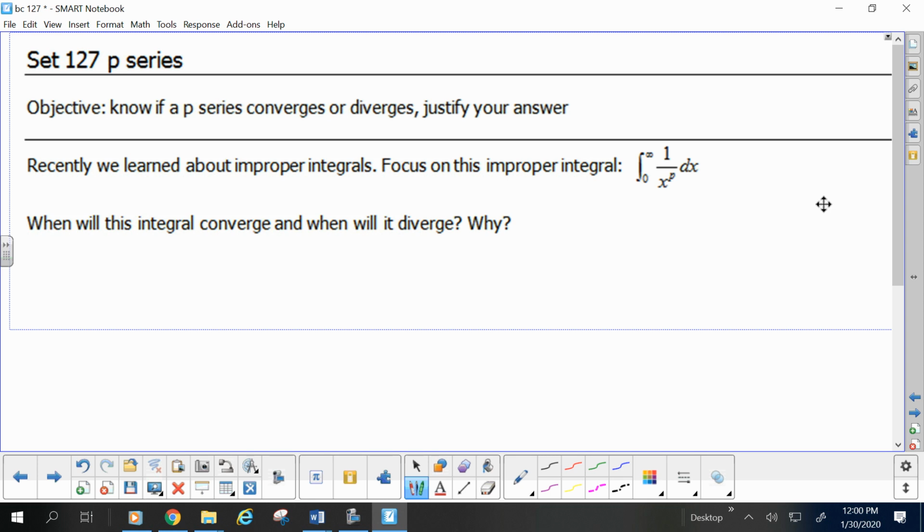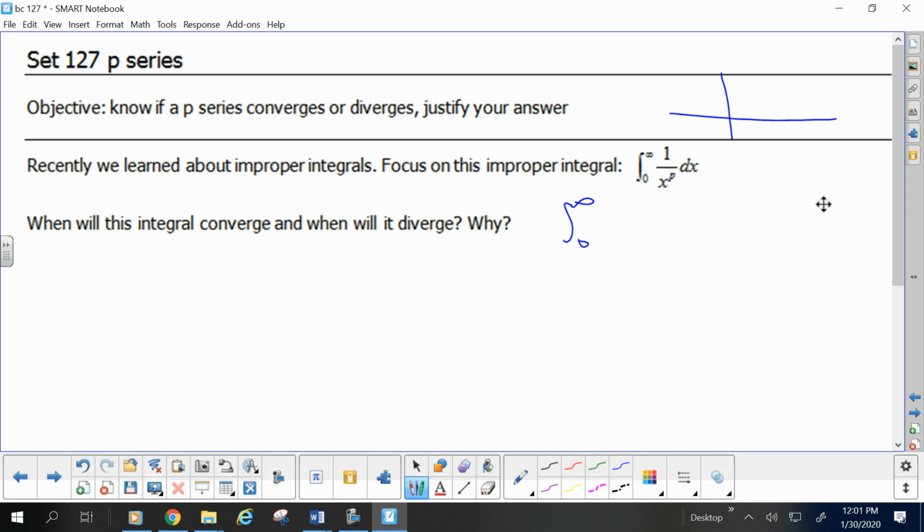That was no accident that they just had you learn improper integrals recently, because it lays the groundwork for p-series. Remember, some of these converge and some diverge, like this. So you're talking about usually the tail of a function, if you think area-wise, that could reach a finite area but might not, depending on how quick it gets small.